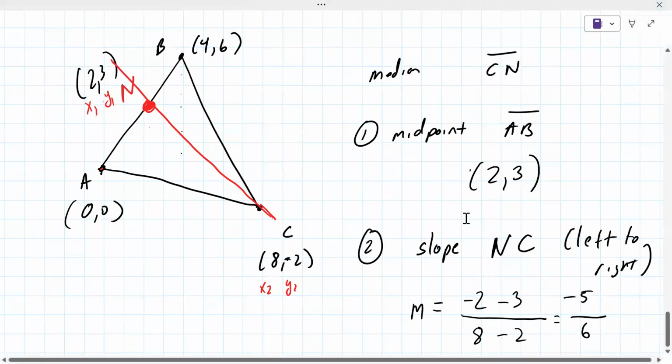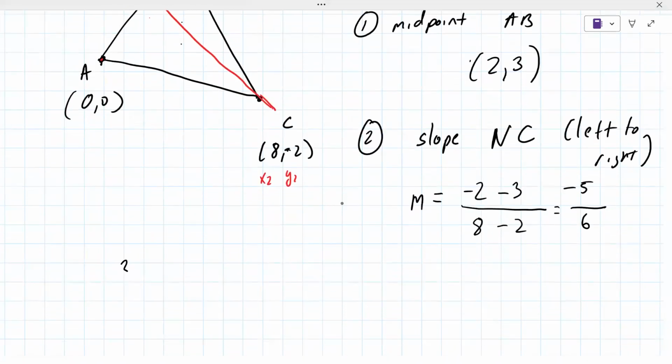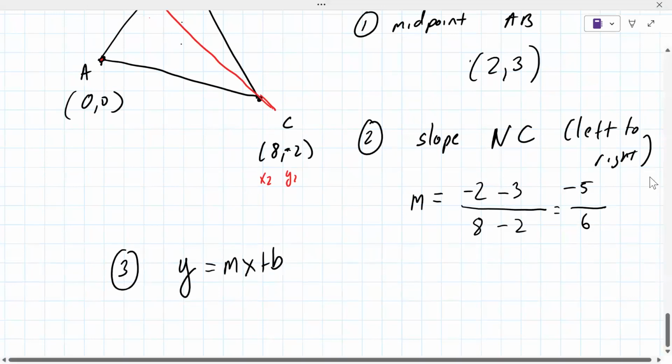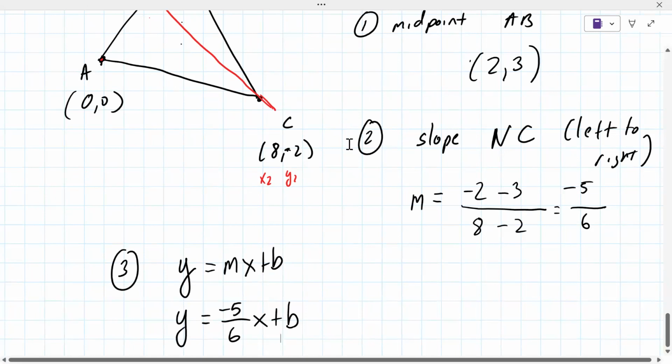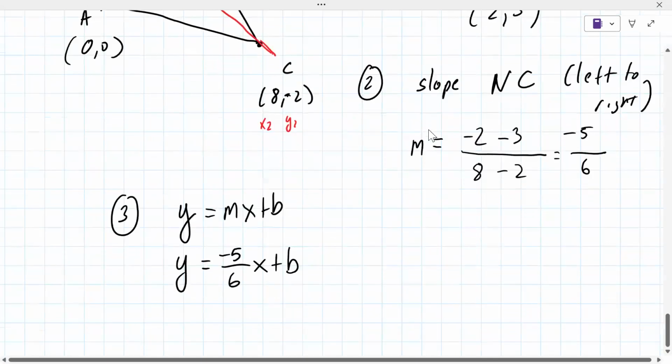All right, so to write the equation of the line, what's the equation of the line that we're using? y = mx + b. Okay, and what we just calculated is the slope. So we have y equals -5/6x plus b. Is that okay? All right.